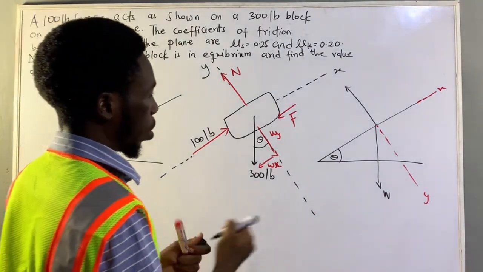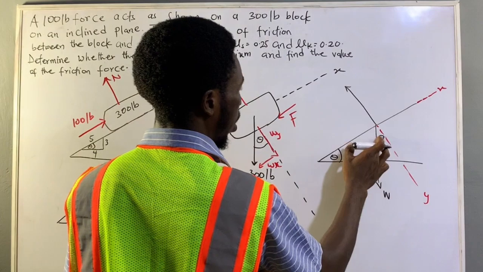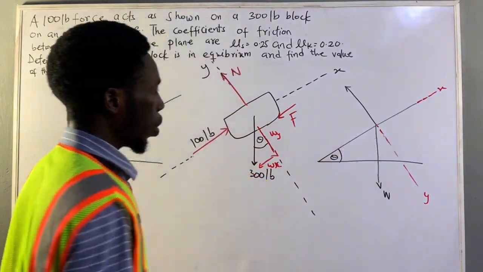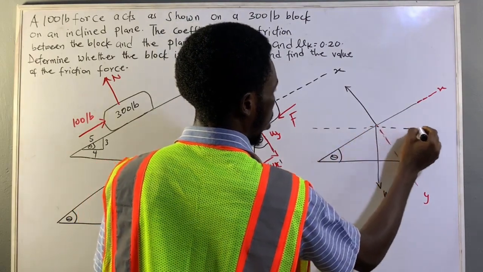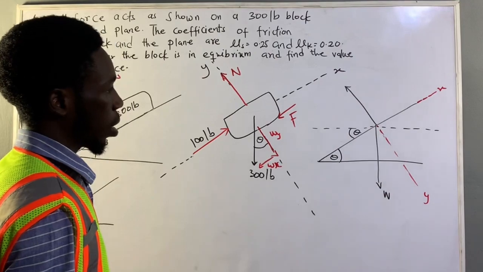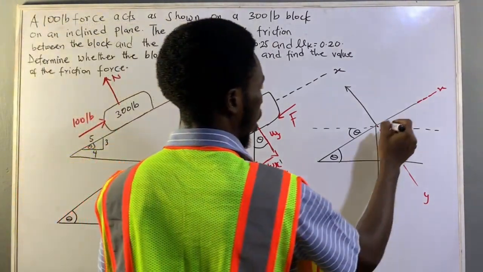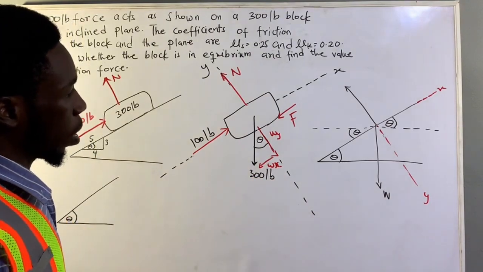This is the theta that I was talking about. Now if I draw a horizontal line through this center here, you're going to have theta here, and if here is theta, here will also be theta, directly opposite.